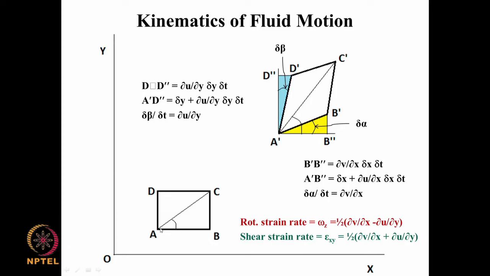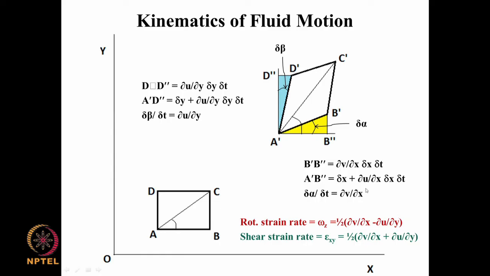So if u is changing in the x direction and the rate of change is given by ∂u/∂x, then the delta u between B and A is given by ∂u/∂x times delta x. So this would have given rise to a relative displacement in the x direction of this velocity times delta t, and that is this. So if ∂u/∂x is positive, so that means as you go from A to B, the x velocity is increasing, then B is moving faster than A in the x direction.